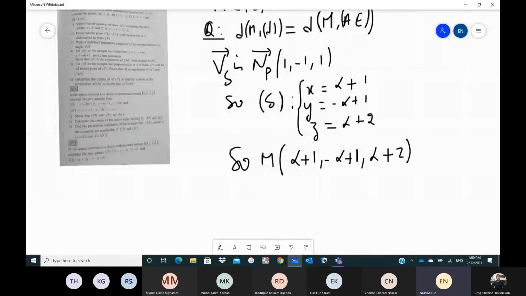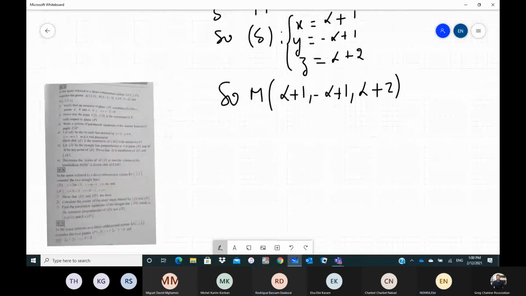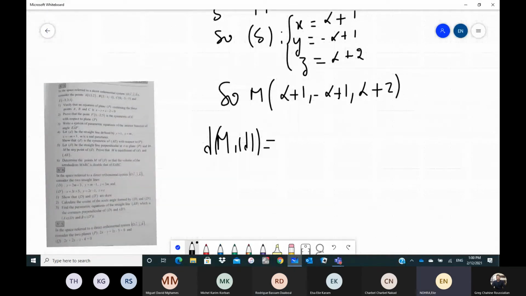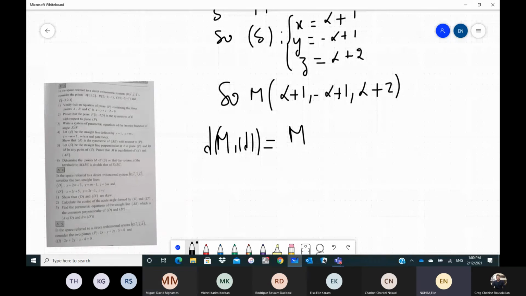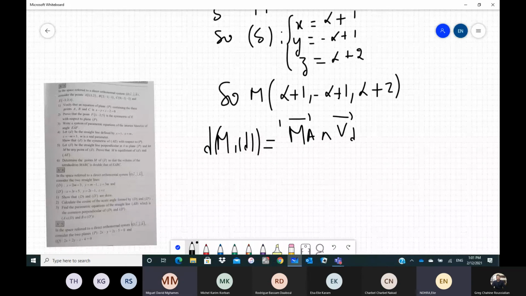Let's find the distance from M to the line D. It is the norm of the cross product of MA and VD over the norm of VD. But you need to take a point on D. D passes through A, you mean. Yes. So it's MA vector VD over the norm of VD.